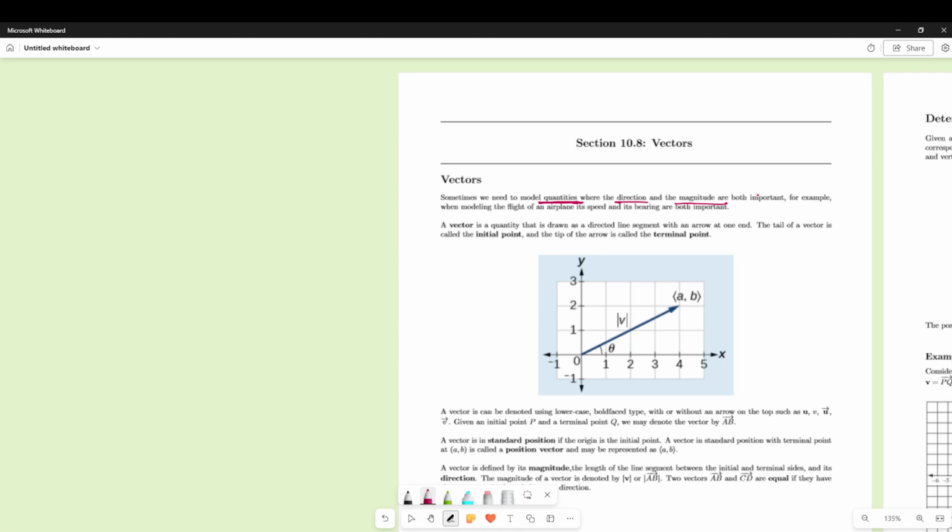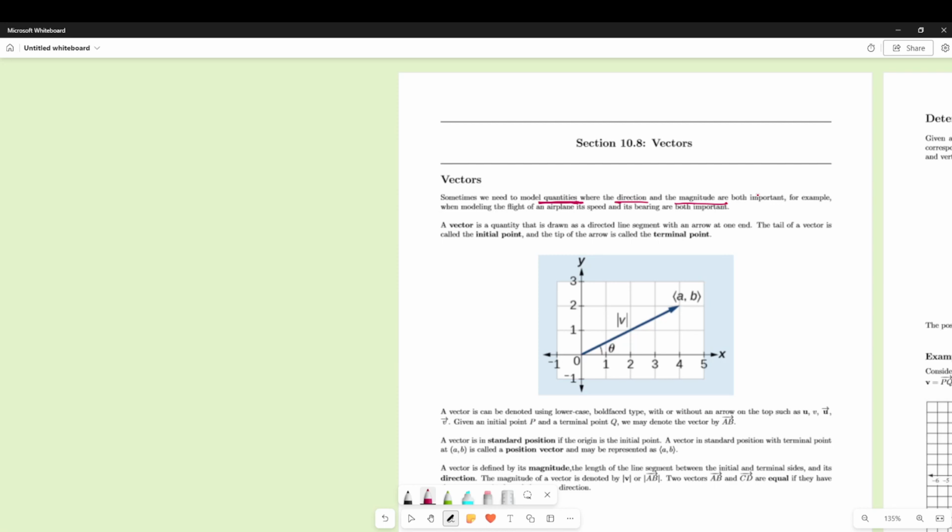Even simple numbers we often think of as having a direction when we talk about the difference between positive numbers and negative numbers. The positive number 5 is 5 in the positive direction, while the number -7 has a magnitude of 7 but is in the negative direction.